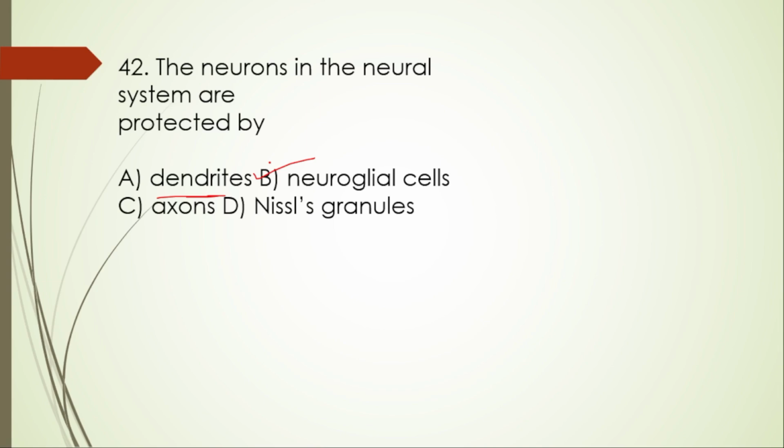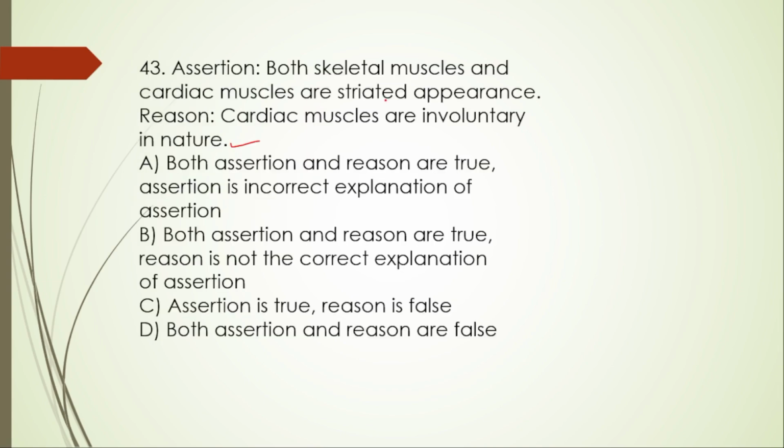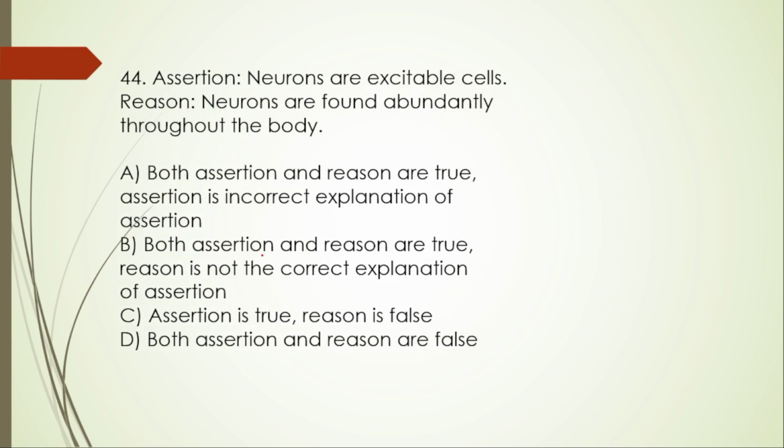Next question, that is question number 43. Here assertion: both skeletal muscles and cardiac muscles are striated in appearance. Yes. And reason: cardiac muscles are involuntary in nature. This one is also right. So both assertion and reason are right. That is question number 44. Again an assertion and reason type of question.